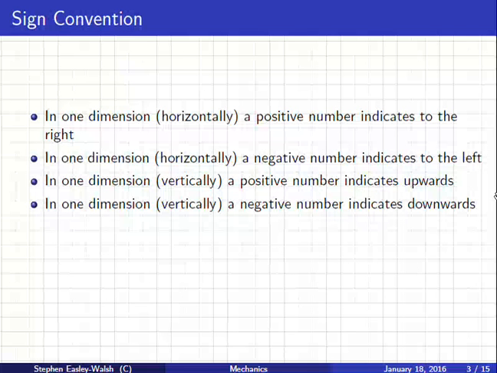You can change these if you want. So if you really wanted to say to the left positive and down positive, you can. It's not wrong. It's just I'll stick to using this. So I'll do positive means this way, positive means this way, negative this way, and negative this way.